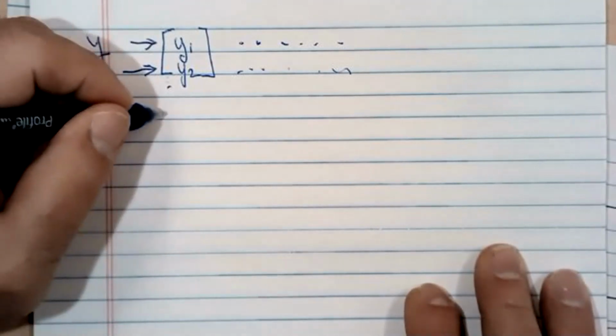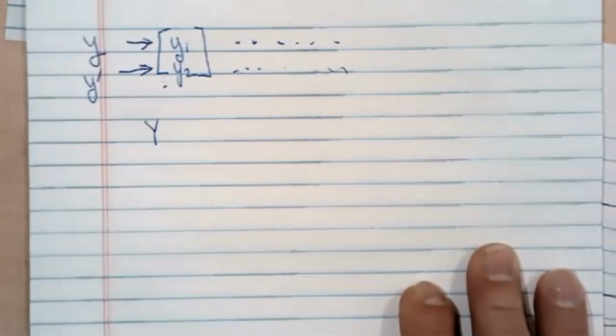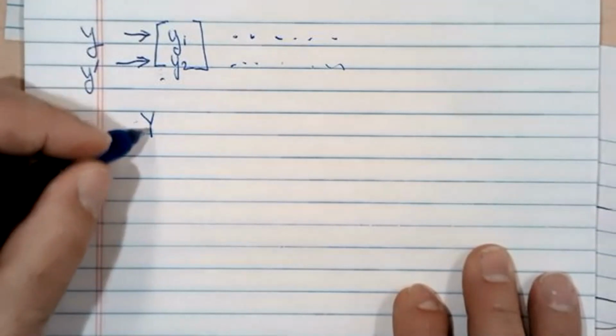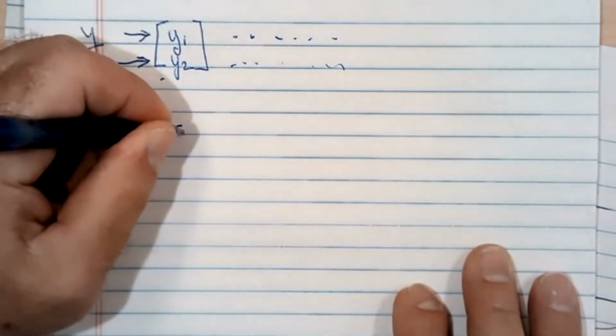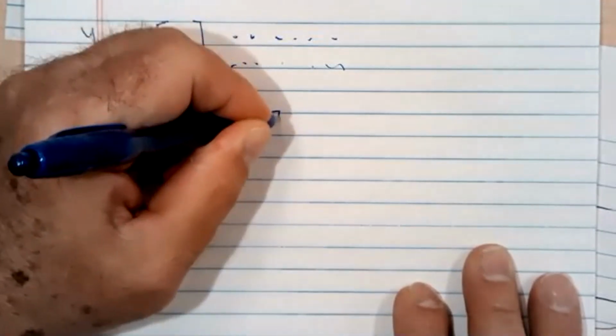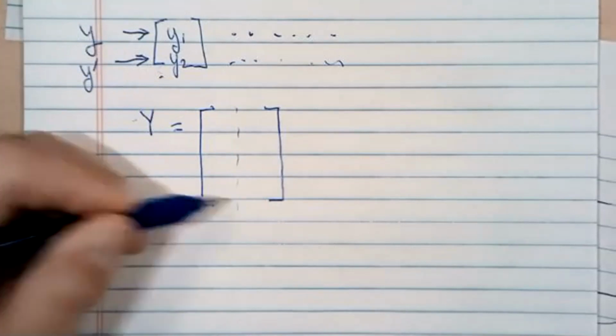When you work on this in MATLAB or Octave, like the tutorials you'll find online, they usually write this with a capital Y, and what will be produced by the algorithm is a matrix that has two columns.